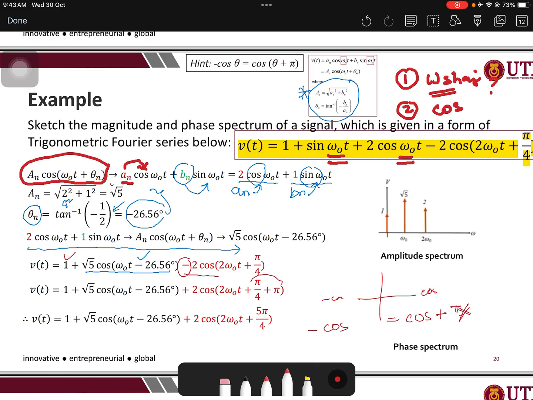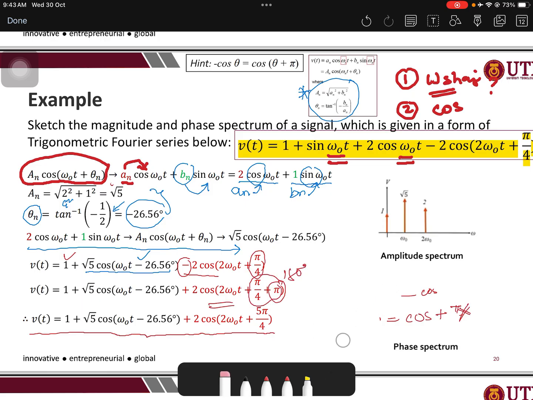That is why here the pi over 4 phasor is added with pi, 180 degrees. Now when you solve, you get v1(t) equal to 1 plus root 5 cos omega naught t minus 26.56 plus 2 cos 2 omega naught t plus 5 pi over 4. Quite easy and straightforward.